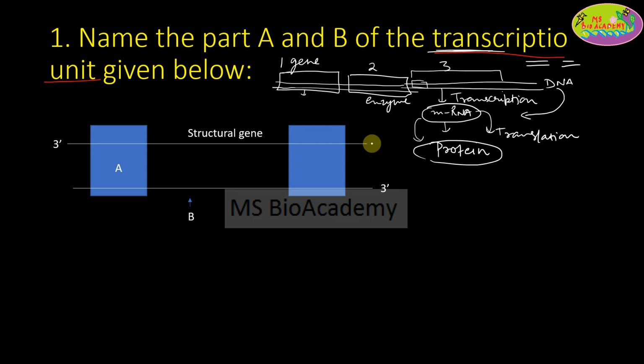So this is one strand of DNA and this is the second strand of the DNA, and we know that both the strands run in the anti-parallel direction. So we have been given the 3' direction here, that means this one will be the 5' direction, and this is given 3', that means this one will be the 5' direction, right? So these are anti-parallel strands. Now you should know that out of these two strands, which is going to synthesize the mRNA, the 5' to 3' running or the 3' to 5' running.